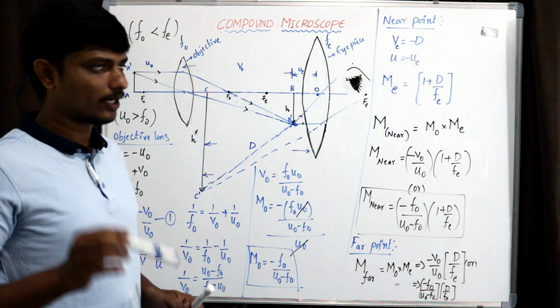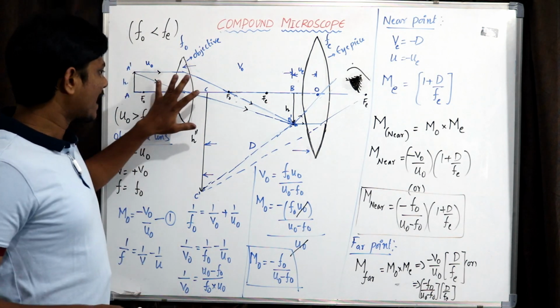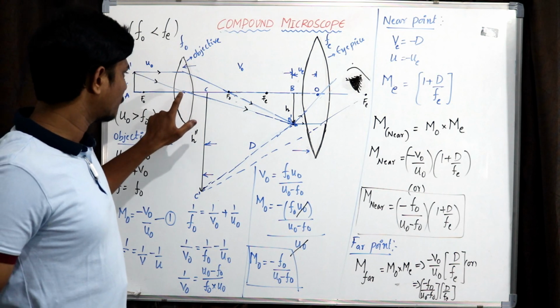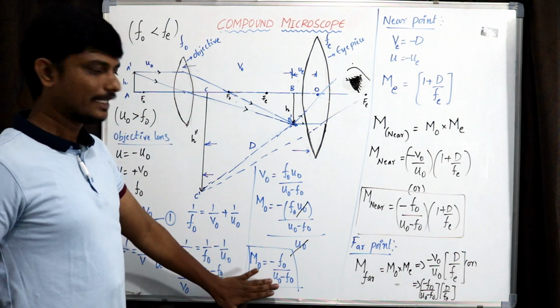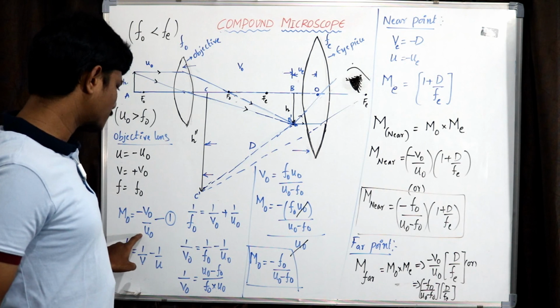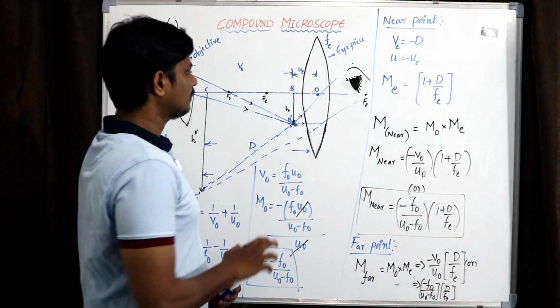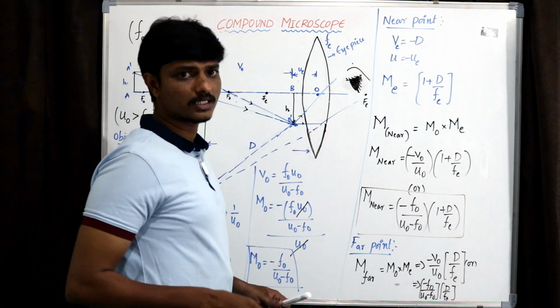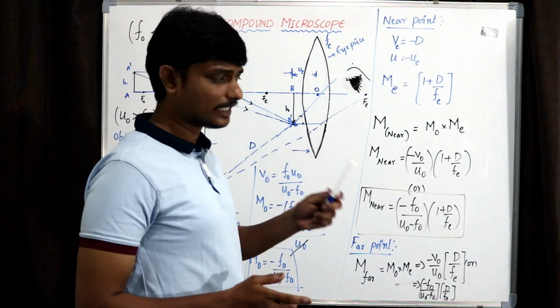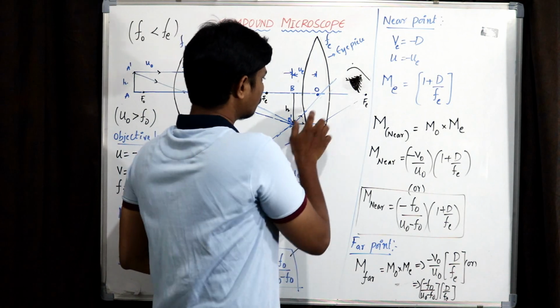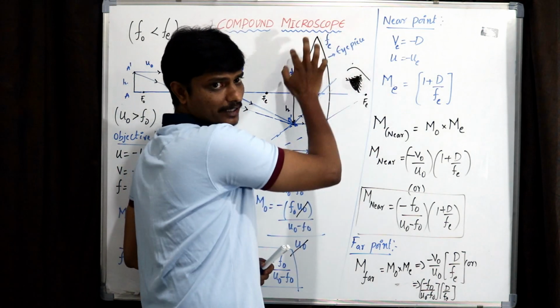So let me recap what I have done. First, I calculated the magnification produced by the objective lens in terms of both image distance and object distance, or in terms of focal length and object distance. And the next part I have taken from the simple microscope, because the whole setup is acting like a simple microscope now.